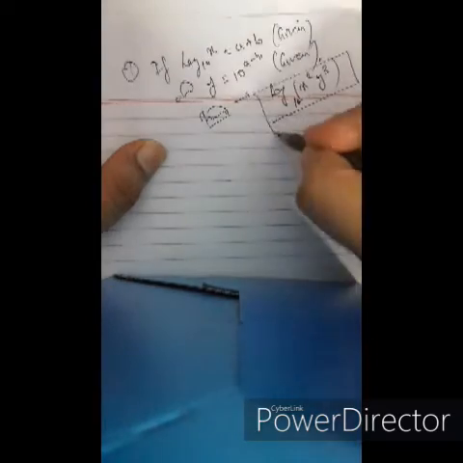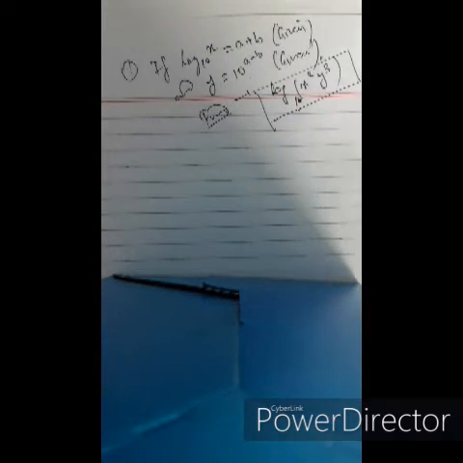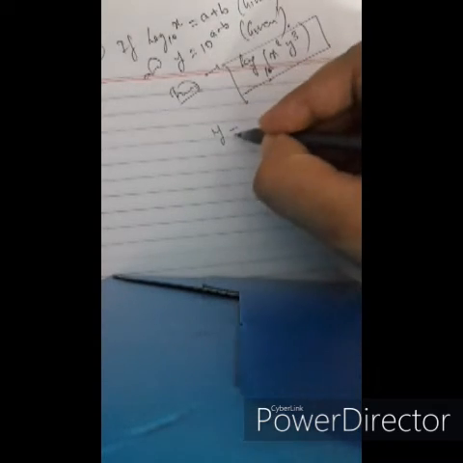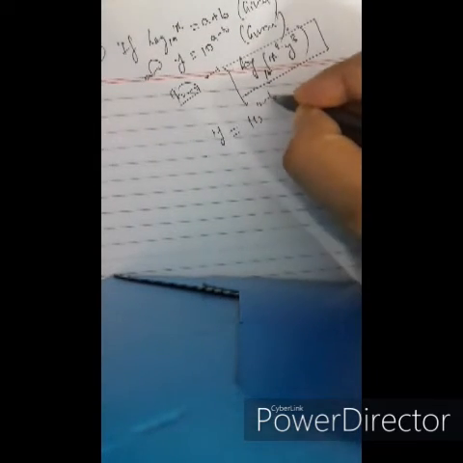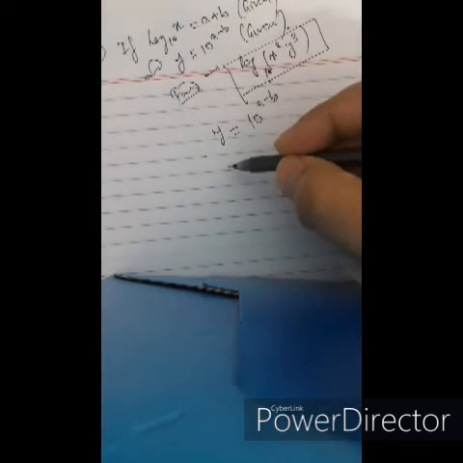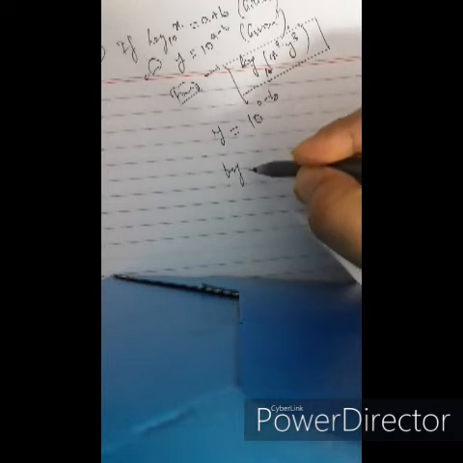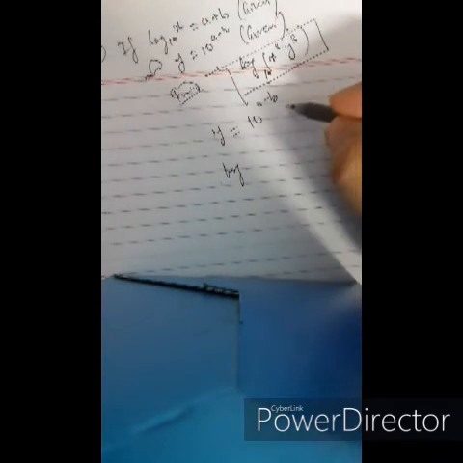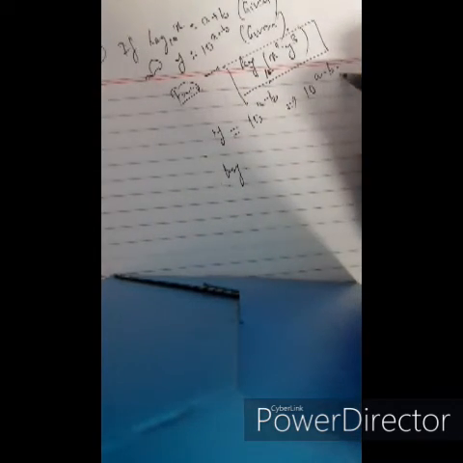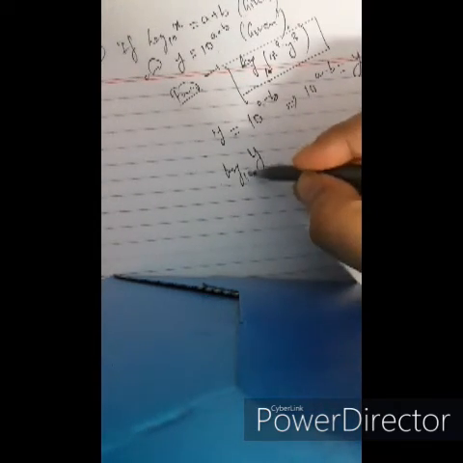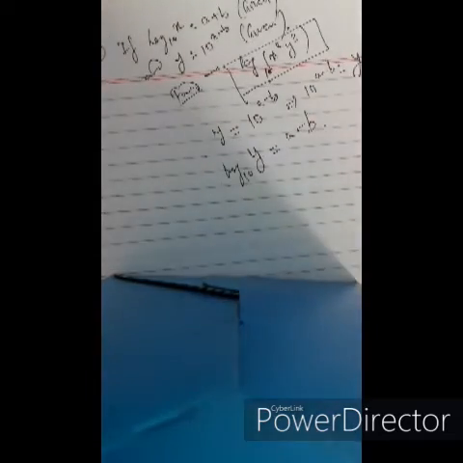We have to find this. So let's solve this. Taking y equals 10 to the power a minus b, we can write it as 10 to the power a minus b equals y. Therefore log y to the base 10 equals a minus b.